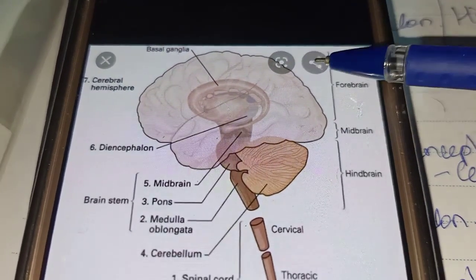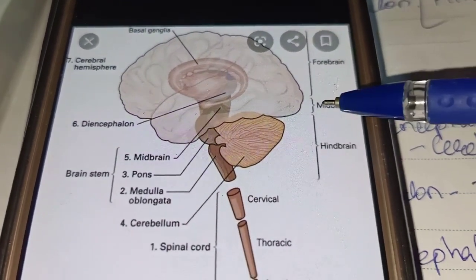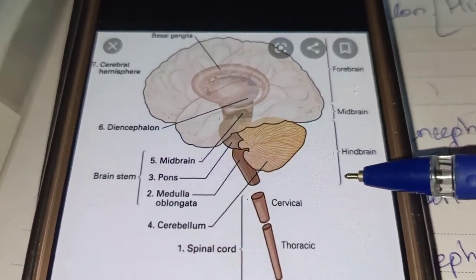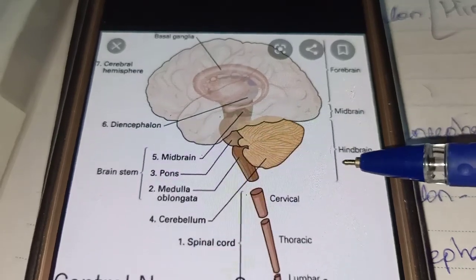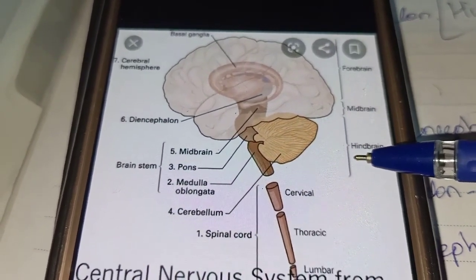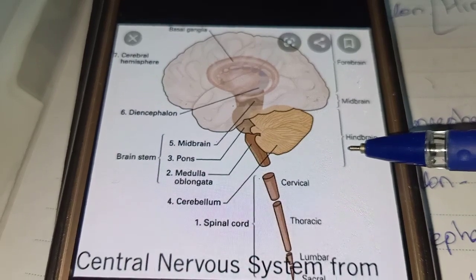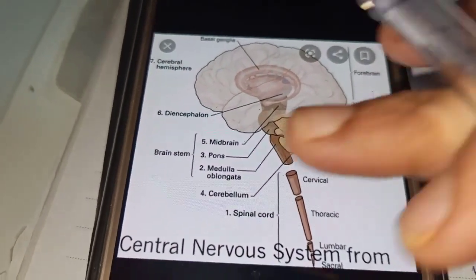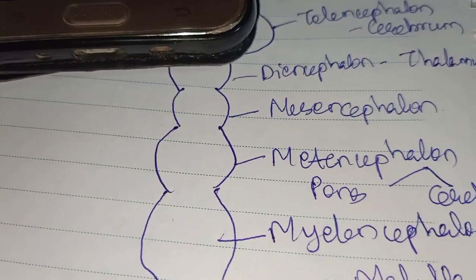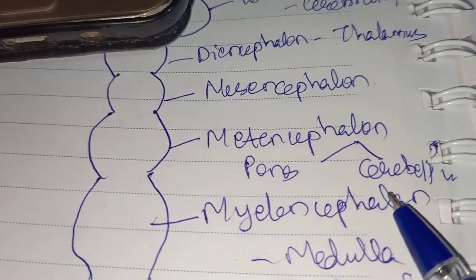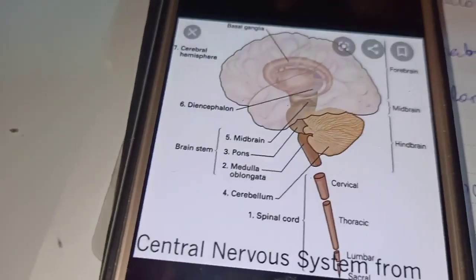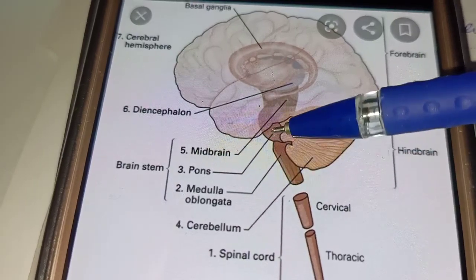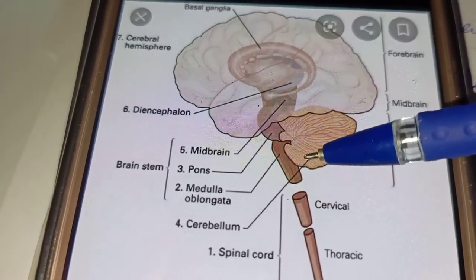Yes. So forebrain is prosencephalon, midbrain is mesencephalon and hindbrain is rhombencephalon, which divides into myelencephalon and metencephalon. So from the metencephalon develops the pons and the cerebellum.